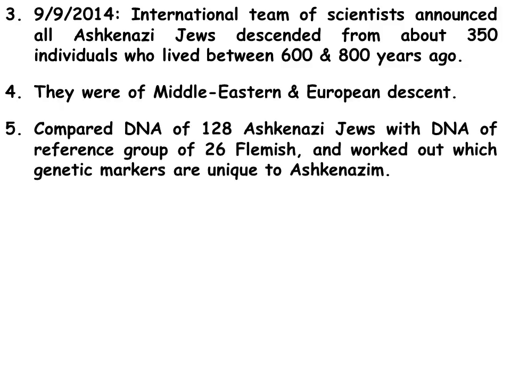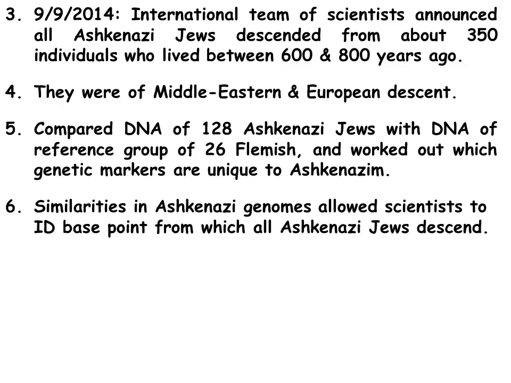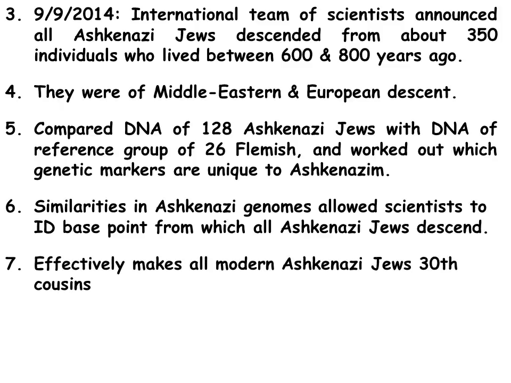What they did was compare the DNA of 128 Ashkenazi Jews with DNA of a reference group of 26 Flemish and worked out which genetic markers are unique to the Ashkenazim. What they found was similarities in the Ashkenazi genomes that allowed scientists to identify a base point from which all of them seem to have been descended.